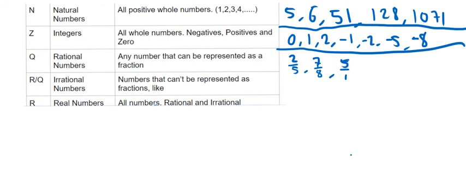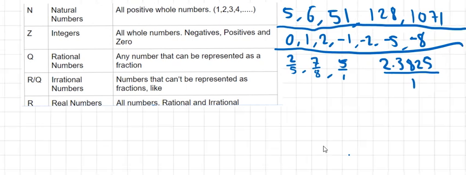So really most of the rest of the numbers are rational numbers. Even if I took something like 2.3825, that looks like an awkward enough decimal, but that is a rational number, because if I wrote that over 1, I could change around the form of it a little bit.